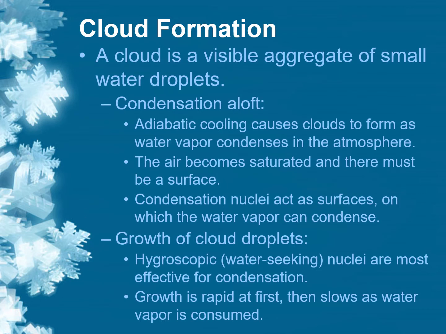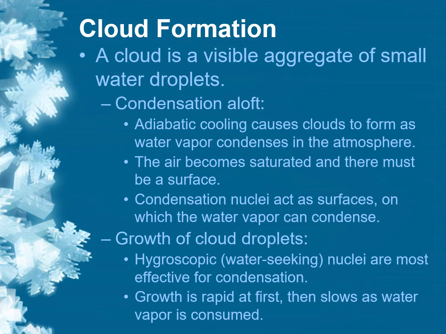How about cloud formation? So what is a cloud? Well, it's water droplets or ice crystals that you can see. Okay, so what does it take for condensation aloft, higher up in the troposphere, as in forming clouds? Adiabatic cooling, remember that is cooling due to expansion as air rises and goes through levels of lower air pressure.